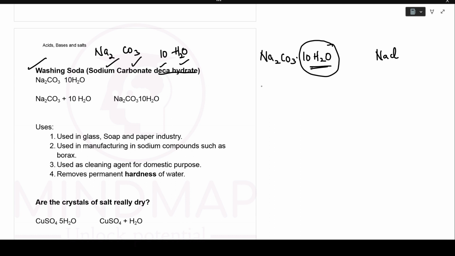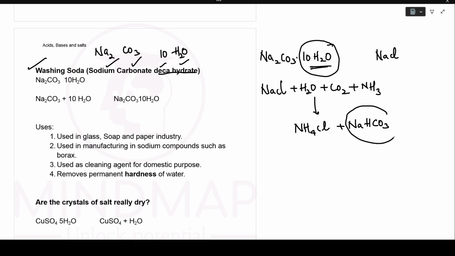Let me write it here. In common salt, that is sodium chloride, when you added water, carbon dioxide and ammonia, what did you get? You got ammonium chloride, NH4Cl, plus sodium hydrogen carbonate. This sodium hydrogen carbonate is called baking soda. Correct?